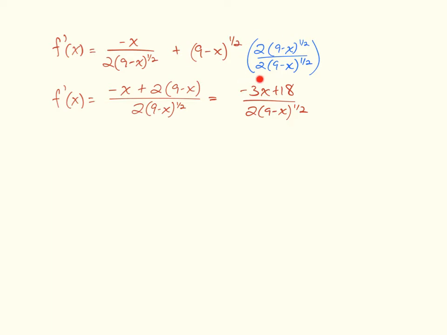Over here in blue, I am multiplying the top and bottom of this fraction times 2 times the quantity 9 minus x to the 1/2 power, so that I get a similar denominator in this term. Once you do that, you'll end up with something like this, and this is going to look similar to what we were doing when we were solving for x in the first derivative.